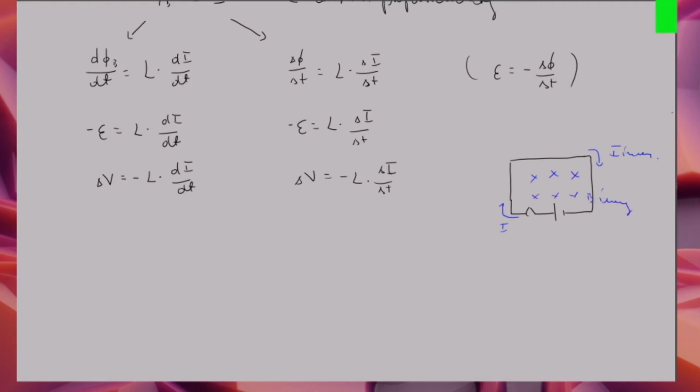And then by Lenz's law, you're going to end up with an opposing magnetic field that points out of the page. So there's B opposing, and then this magnetic field that opposes the blue field is going to be produced by a current that flows in the opposite direction, so it flows like this.